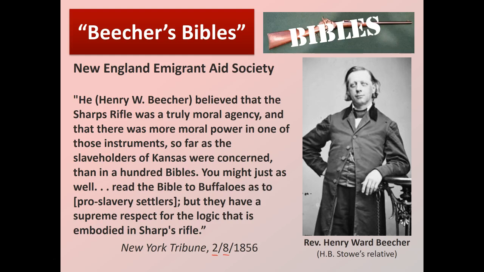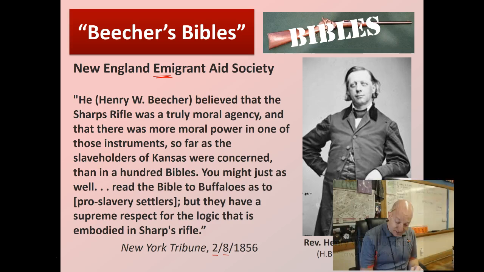Right? And so as the story goes, the New England Emigrant Aid Society, and I misspelled emigrant here, I'm sorry. The idea is that people are moving from anti-slavery states into Kansas territory, that emigration, people moving, and these are intended to support them.